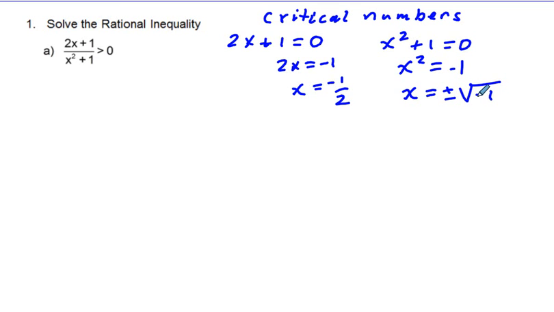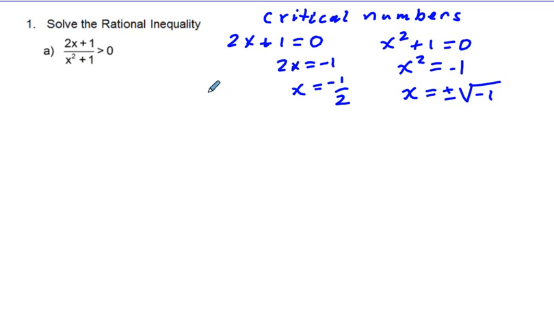Well, the square root of negative 1 is the imaginary number i, meaning that is not a real solution. And so what that means is for this denominator of x squared plus 1, there is no critical number associated with that.